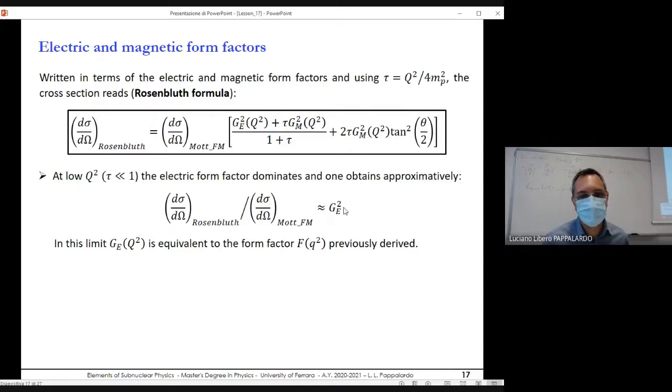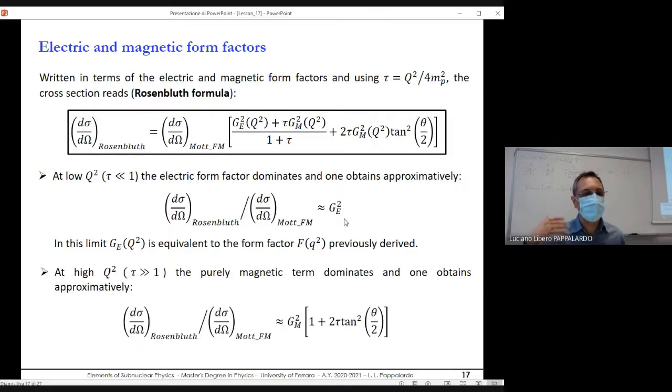So it is approximately equal to just the electric form factor squared. On the other hand, when we now work at high Q squared, where tau is now much greater than 1, one can neglect the electric form factor, and only the magnetic form factor essentially survives. So now this ratio is expressed as GM squared plus this term here, which comes from here. One is here, one is there.